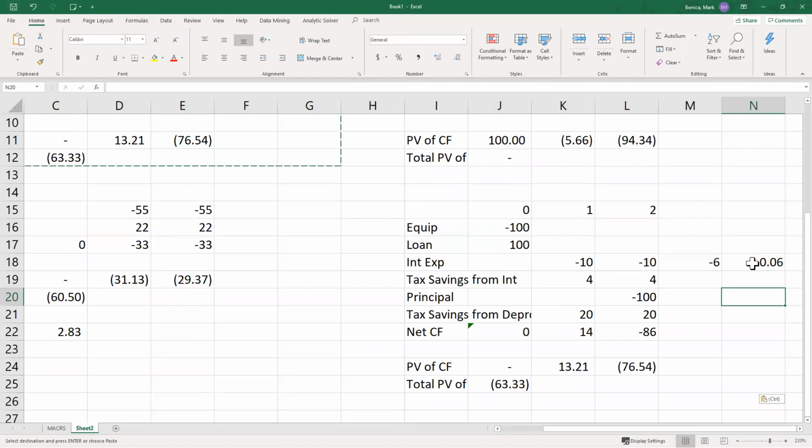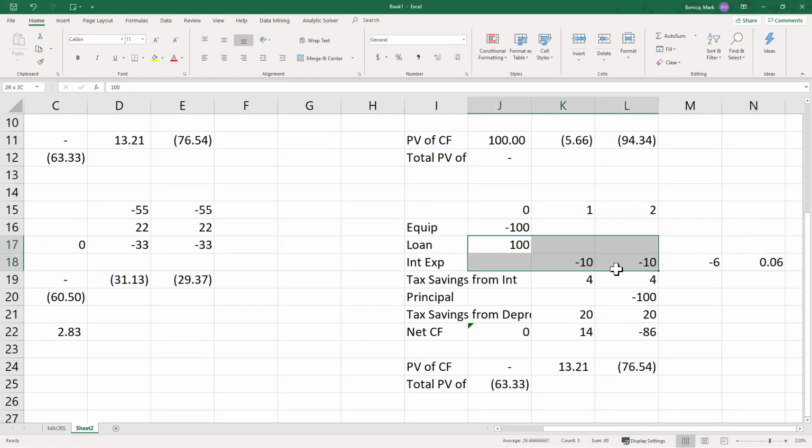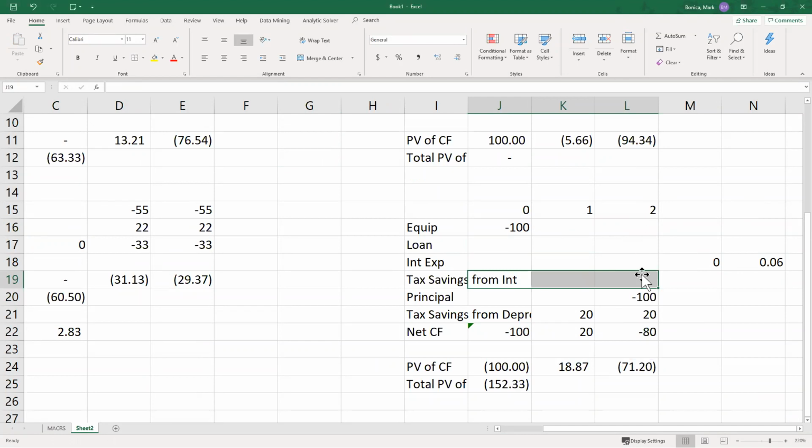That's going to mess my thing up, so I'm going to hard code this 0.06. So I'm taking out the 100, I'm taking out the expenses from the interest rate, I'm taking out the savings as a result of the interest, and I am taking out the paying back of the principal.